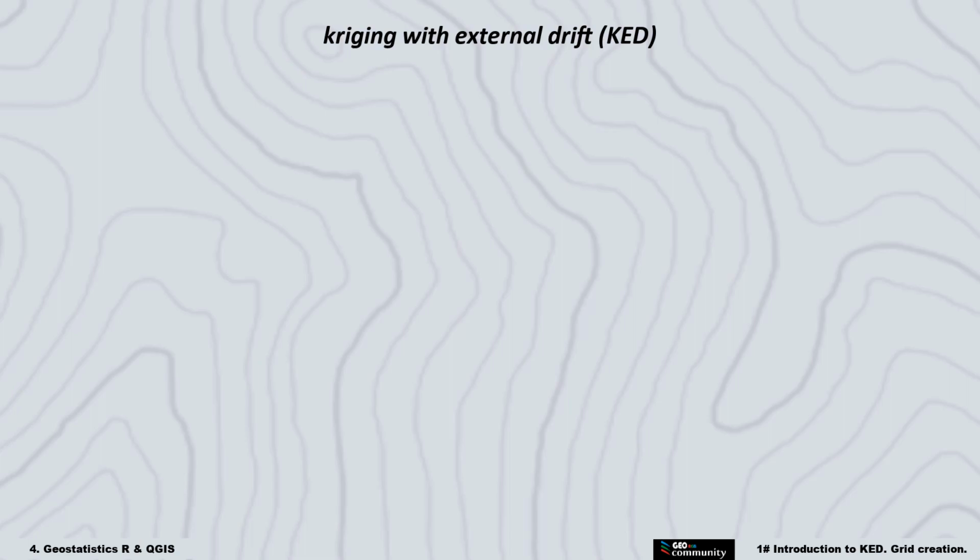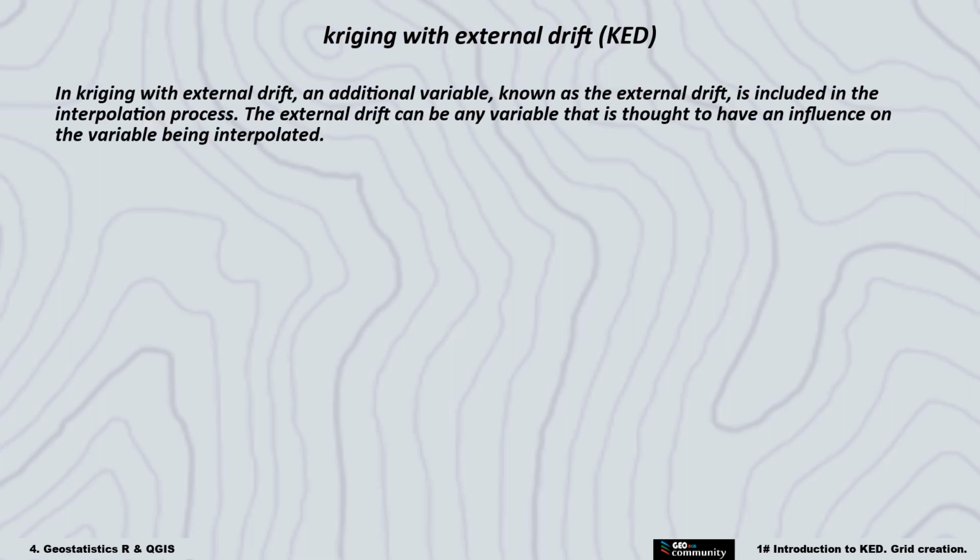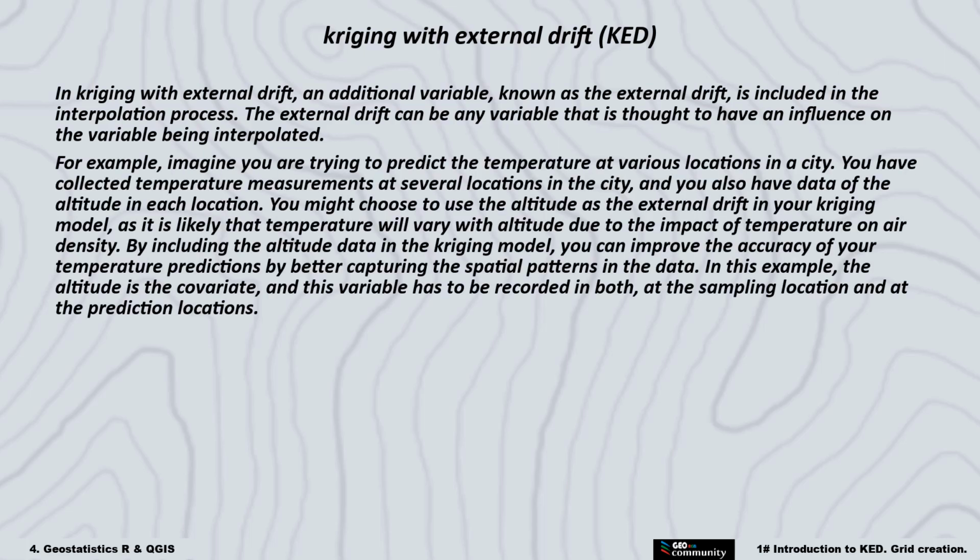Let's talk a little bit more about kriging with external drift. In kriging with external drift, an additional variable known as an external drift is included in the interpolation process. The external drift can be any variable that is thought to have an influence on the variable being interpolated. For example, imagine you are trying to predict the temperature at various locations in a city. You have collected temperature measurements at several locations in the city, and you also have data of the altitude in each location.